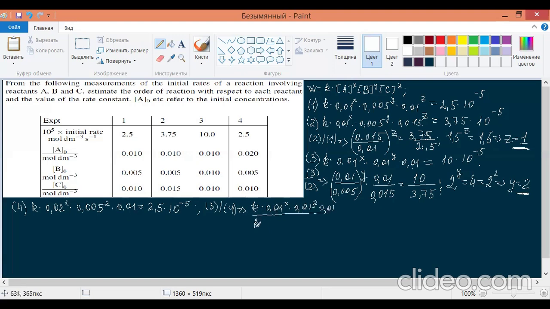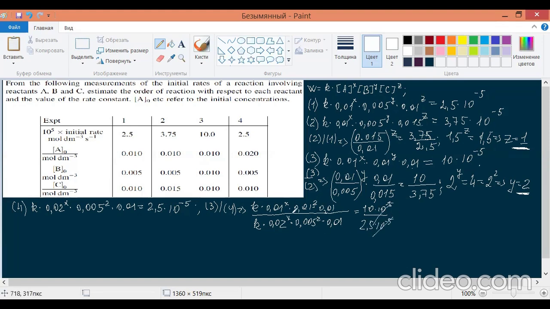Now the fourth: k times 0.02 to the x times 0.005 squared times 0.01. For the third experiment, the rate is equal to 10 times 10 to the minus 5, and for the fourth, it's equal to 2.5.